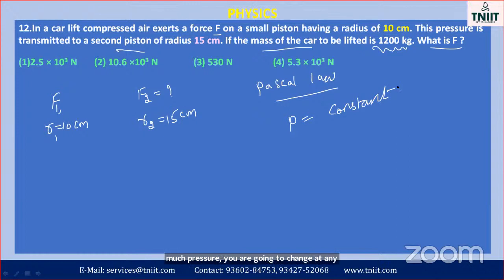Definitely it is going to remain the same. That is what Pascal's law says: pressure exerted at any point remains the same. What's the formula for pressure then, Lakshmi? Force by area. Yes, sir. Force by area, so F1 by A1 must be equal to F2 by A2, because pressure is constant.